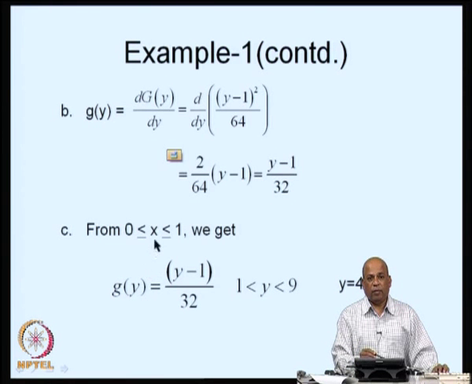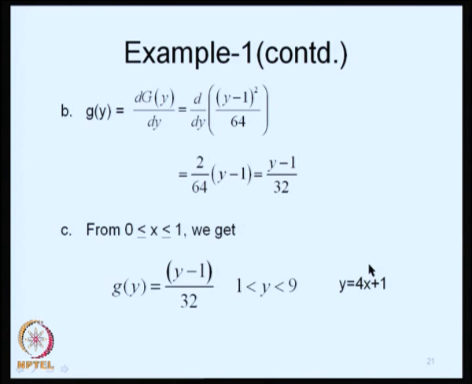So, our original variable x takes on values between 0 and 2, and y is equal to 4x plus 1 is a function. From this we get the limits of y as y varying between 1 and 9. Verify that within this region where y takes on values between 1 and 9, the function g of y is non-negative. If you put y equal to 1, you get a 0 value.